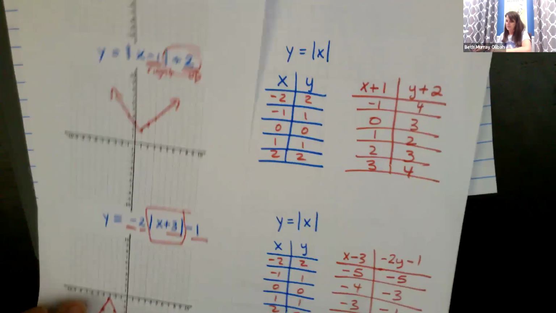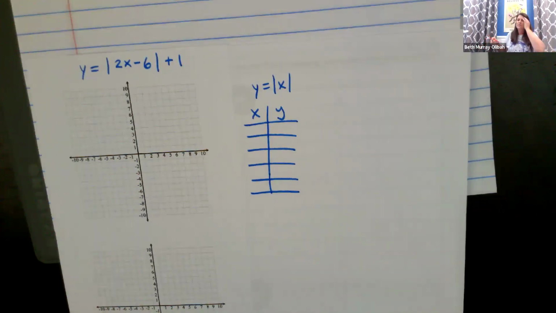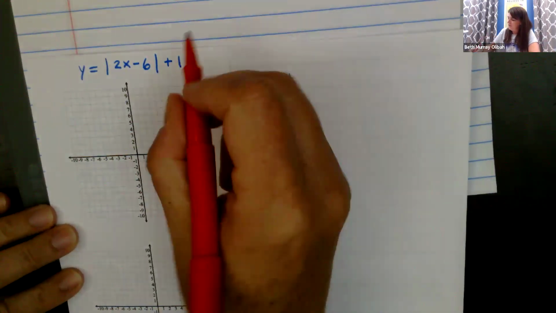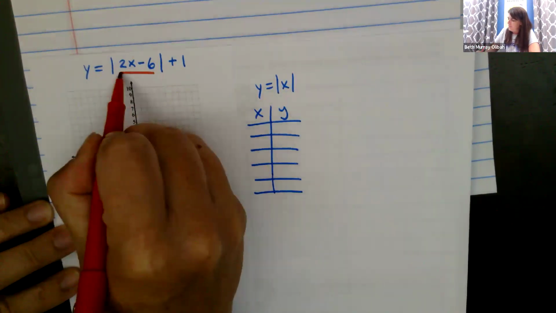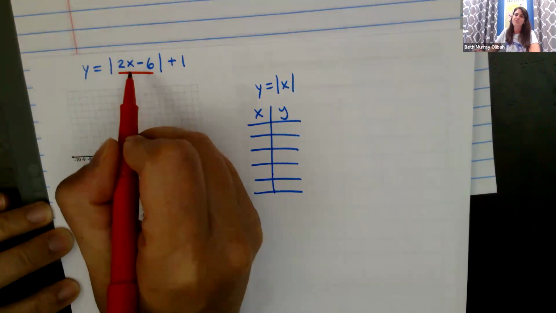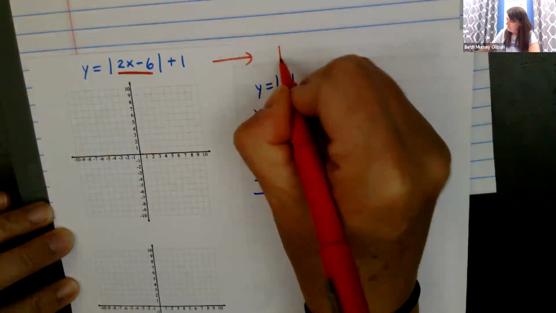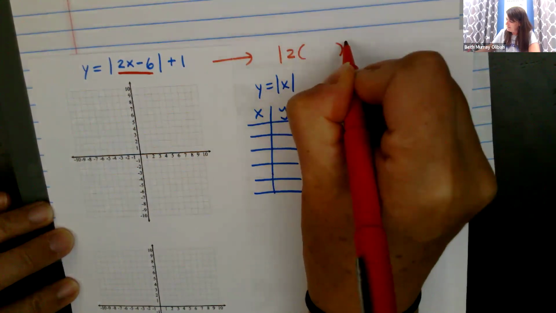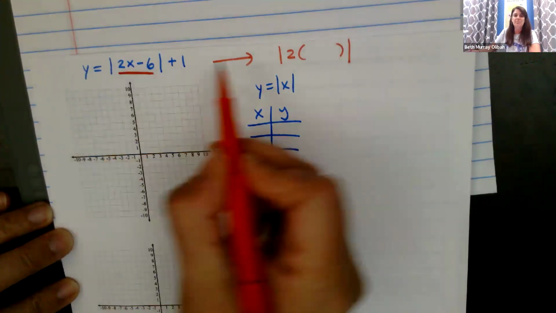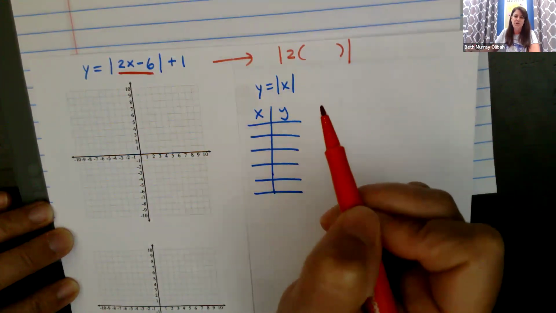Okay, let's try another one. So this one has a lot going on also, but it makes it a little trickier because there's a number being multiplied by the x inside the absolute value. So first of all, that's going to affect the x, but second of all, we would prefer it written like this, where that 2 is pulled out of here so we could really see what number is being added or subtracted.